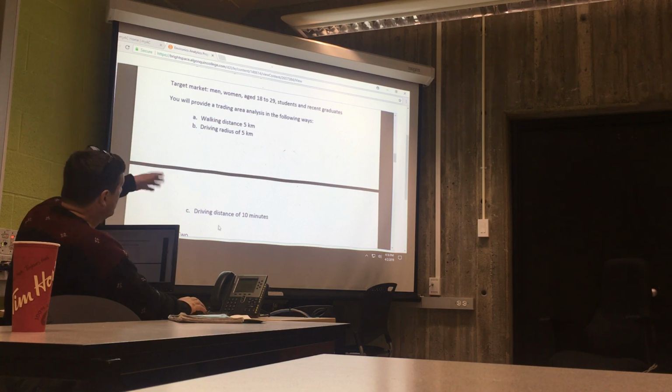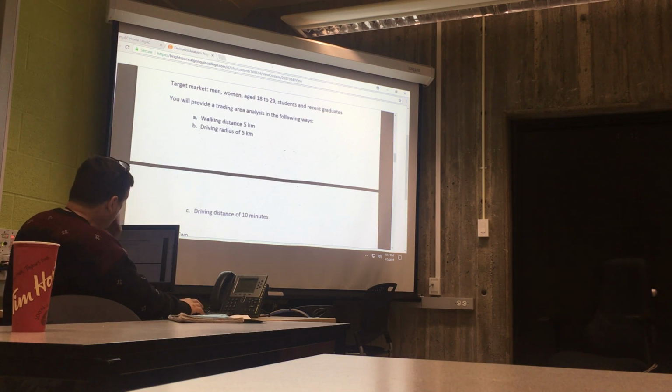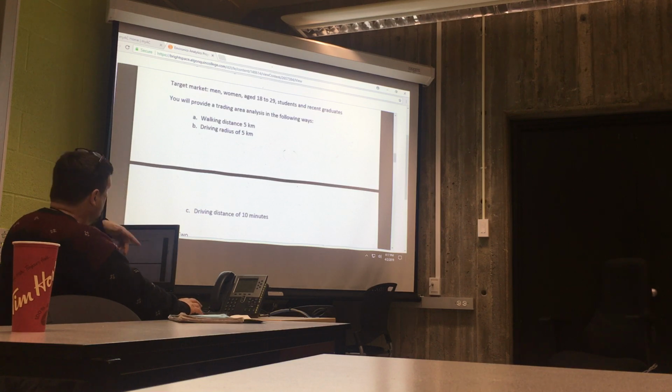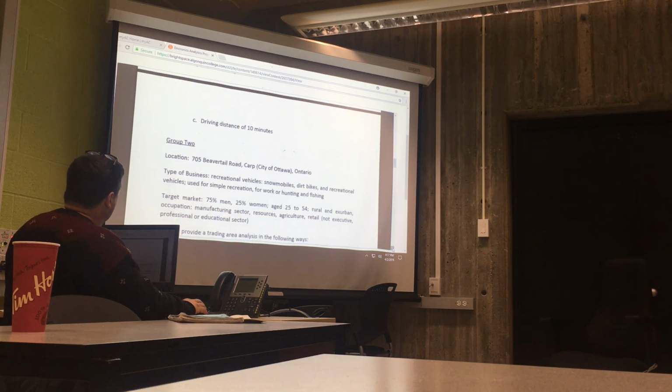So there are three ways you can approach this. One is the walking distance. Some people walk to restaurants. Driving, some people drive, and it's a 5 kilometer radius, which will be a perfect circle. And then a driving distance of 10 minutes. That is, people won't drive somewhere if it's more than 10 minutes.